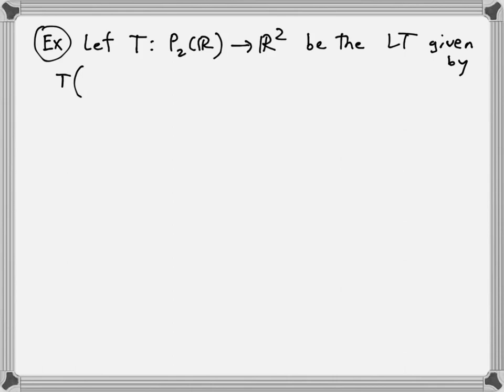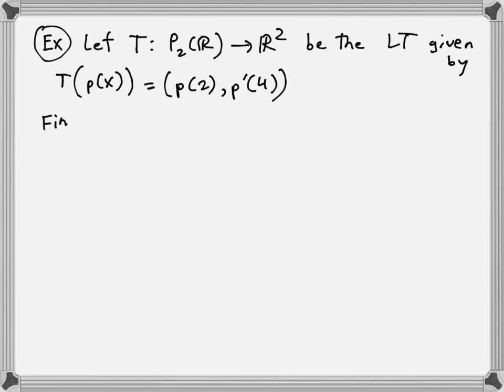T of, I got to tell you what we do to the transformation. T of P of X is equal to P of 2 and P prime of 4. Weird, right? But this is in R2, so this is well defined, and we know we are allowed to take the derivative of any polynomial, so what I just wrote down does make sense.